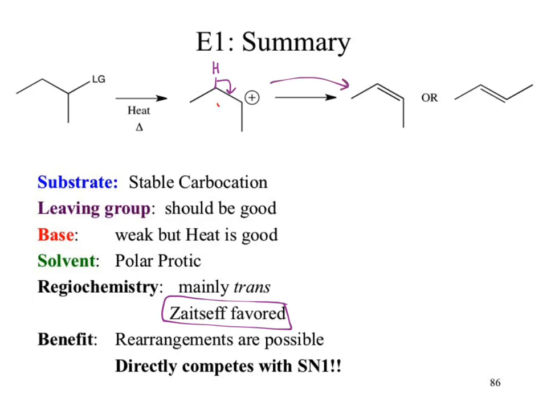If I rotate the sigma bond first, so that the hydrogen is now aimed away, and then do the elimination, I would end up with the trans. So rotate, okay, then eliminate. That's kind of fun to say, because they rhyme. Okay? Both of those would work.